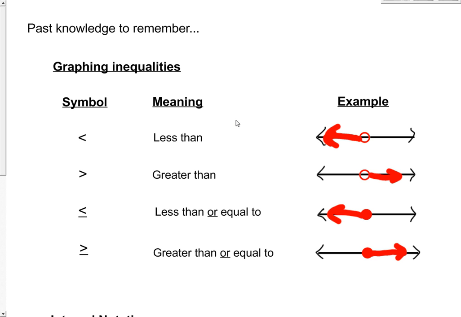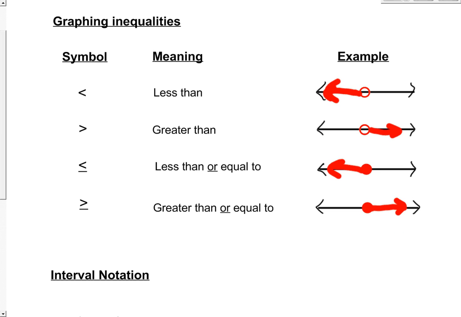If I had something like x on the right hand side with a number on the left hand side, you might want to read this from right to left because the x is on the right hand side. You're going to say x is greater than negative 4, because the mouth of the symbol is open towards the variable, that is the greater value.